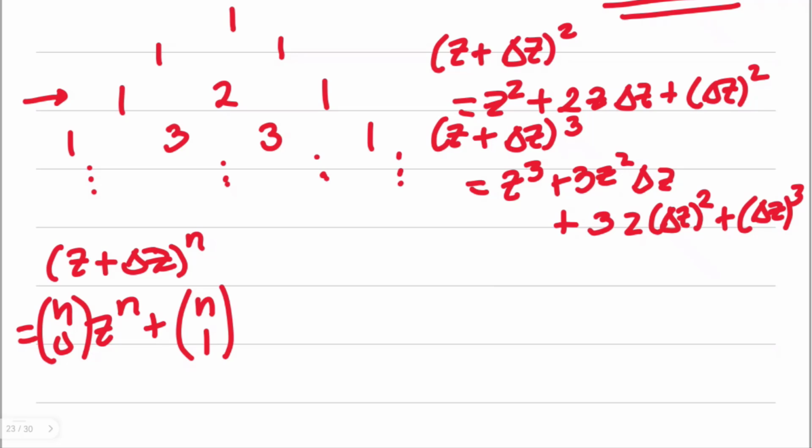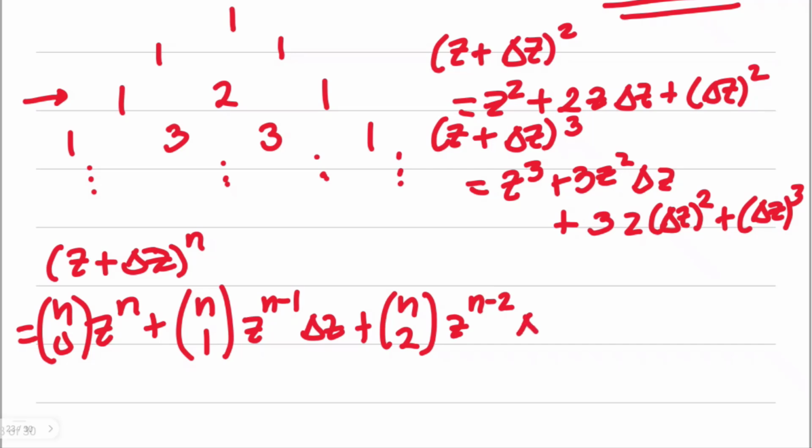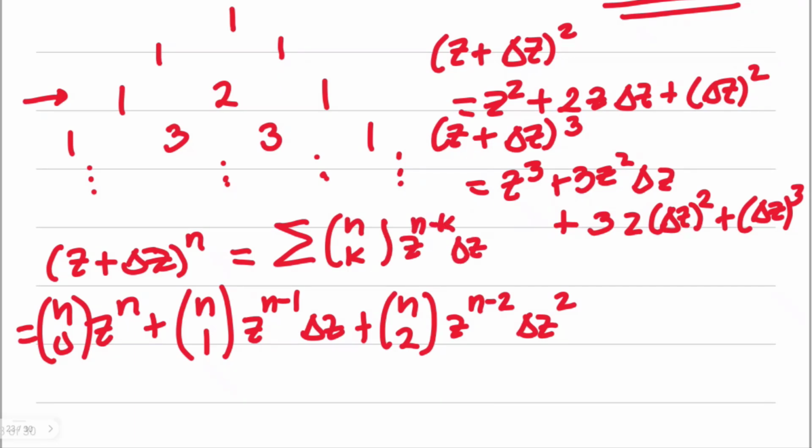Then you will have n taken 1, and z to the power of n minus 1, and then delta z to the power of 1. Then plus n taken 2, z to the power of n minus 2, and delta z to the power of 2. The binomial theorem for this is equivalent to the summation of n taken k, then the first term to the power of n minus k, and the second term to the power of k.